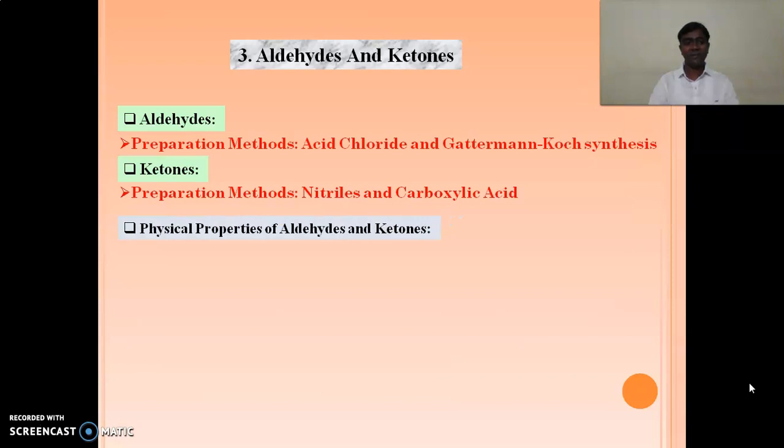Then we will discuss the physical properties of aldehydes and ketones. Means aldehydes or ketones have different melting points or boiling points, different solubility properties, and also different physical appearance. All these properties we will discuss in physical properties of aldehydes and ketones.